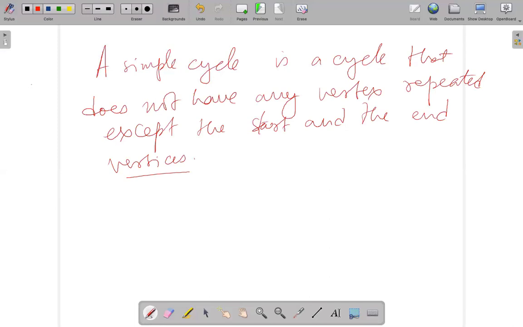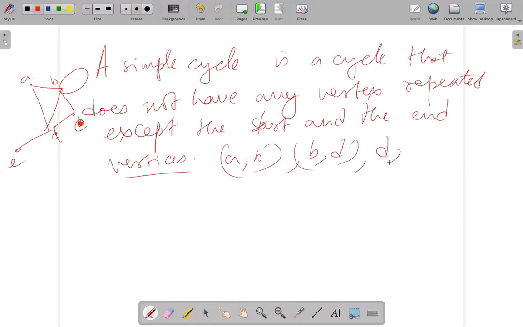For instance, in the previous example that we saw, AB, BD, DA is a simple cycle.